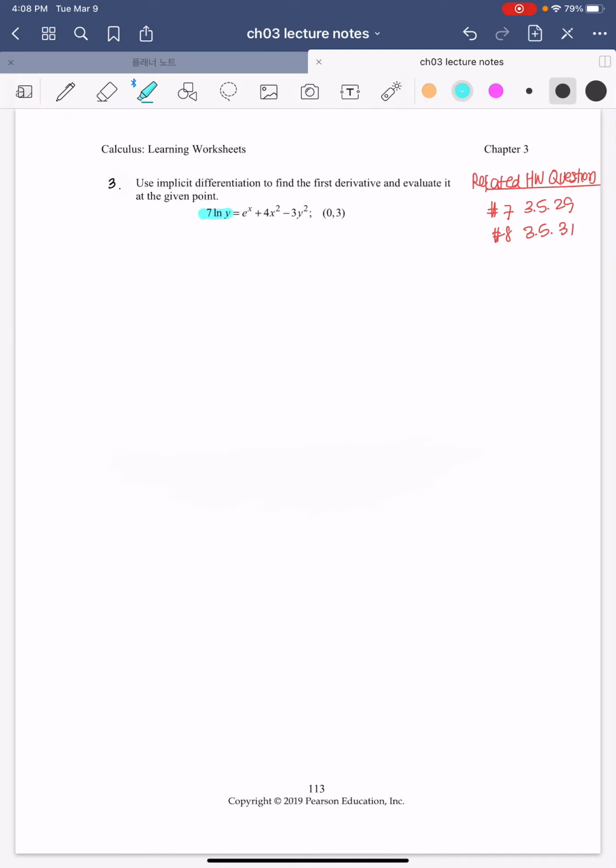So first, what is the derivative of 7 ln y? This one will be just 7 over y, because the derivative of ln y is 1 over y, but we have a 7. But do not stop there. You need to have y prime notation because we took the derivative.